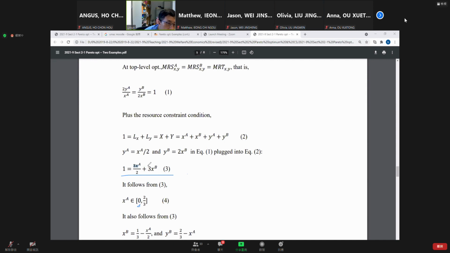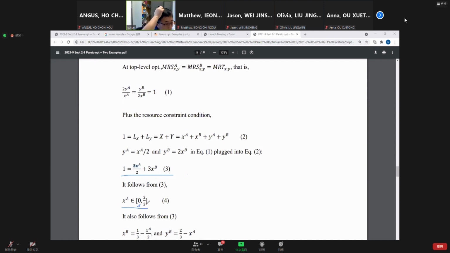If we want to give more to Alice, then we should give less to Bob. And how much at minimum we can give to Bob is 0. So therefore, if this one equals 0, and XA equals 2/3. So therefore, XA must be some number between 0 and 2/3.